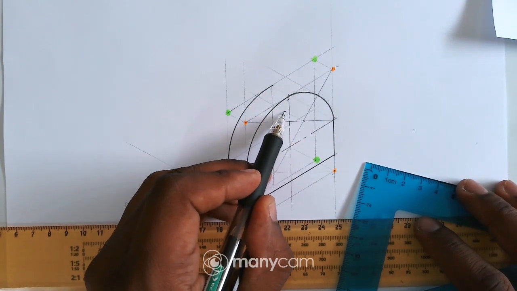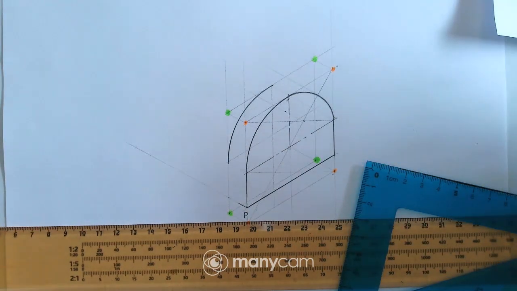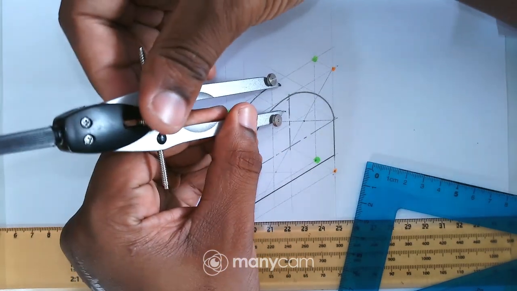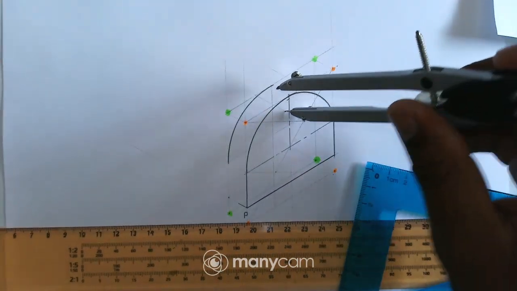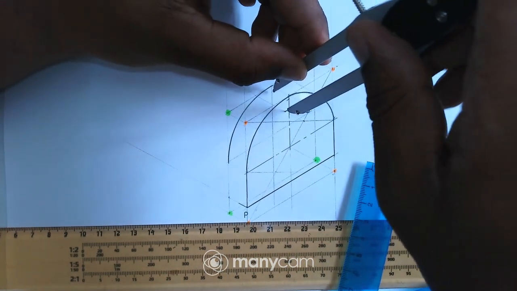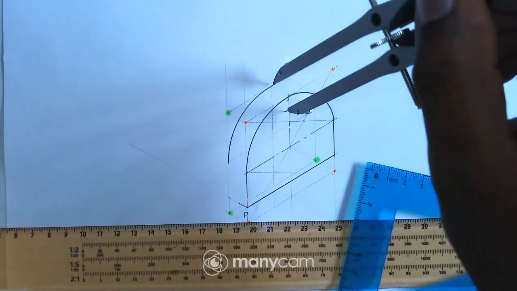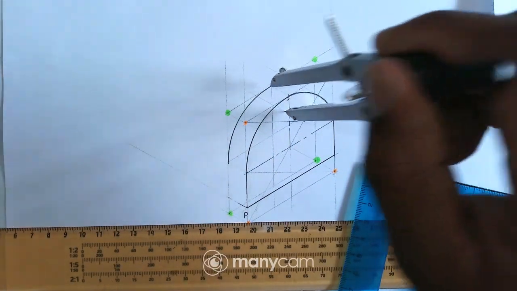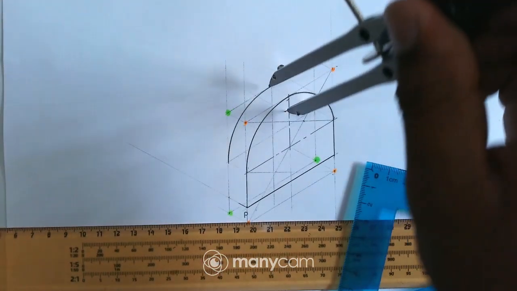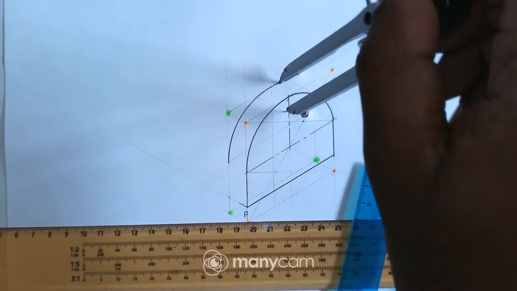And then I'll just take my compass, put my compass at that point, to the point up there. And then remember I have this tangent line. So when I draw this arc, I must end on that tangent line.